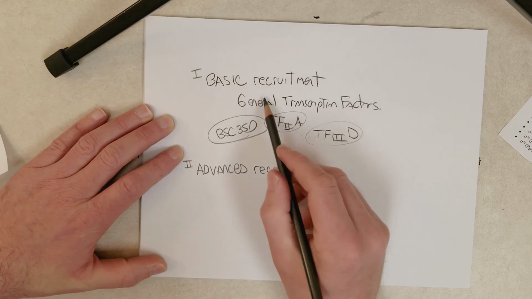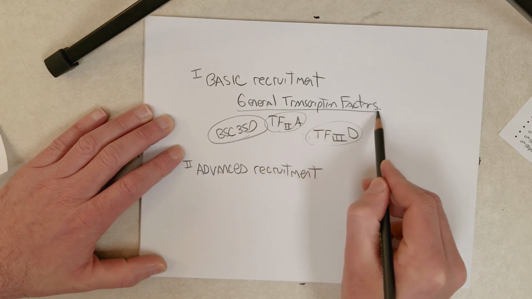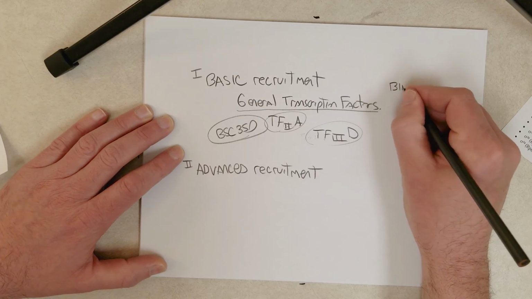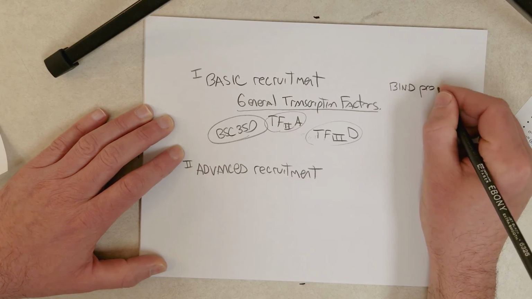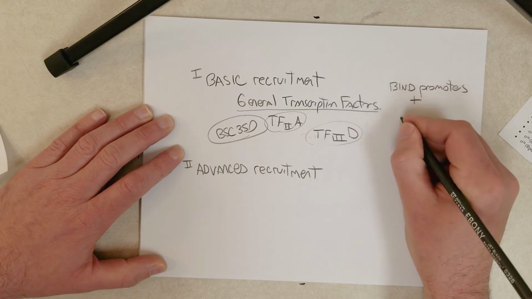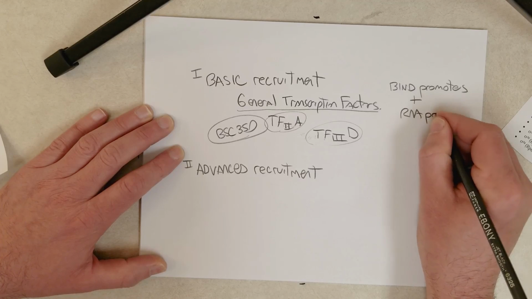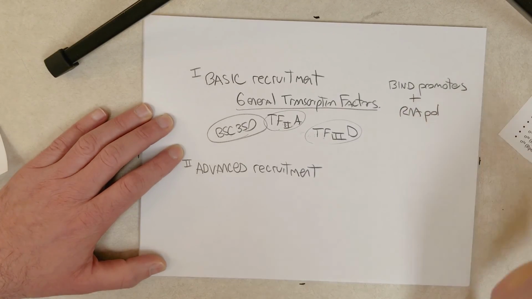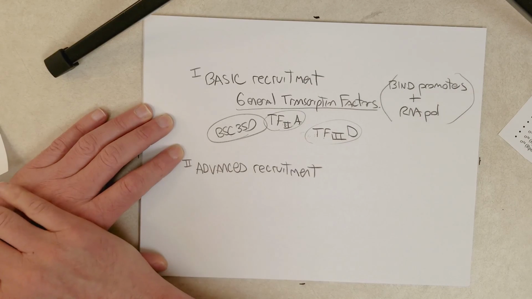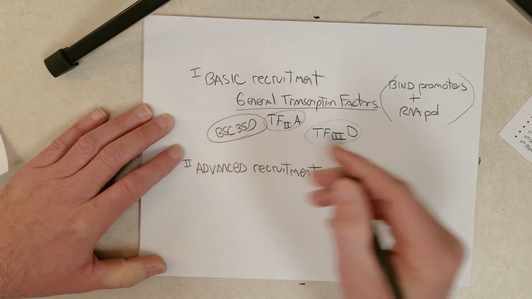But okay, so the general transcription factors bind to the regulatory elements in the promoters, like the TATA box, and the different RNA polymerases, 1, 2, or 3. So they bring RNA polymerase to the promoters for transcription.